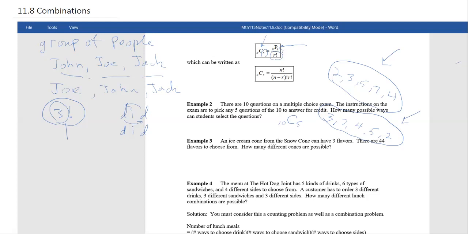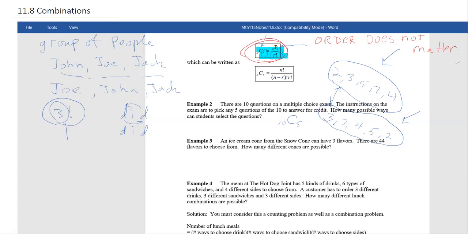That's the real difference with combinations: in a combination, order does not count. Or I shouldn't say count, because we're counting things. I should say order does not matter when we do our counting. And that's what a combination is.